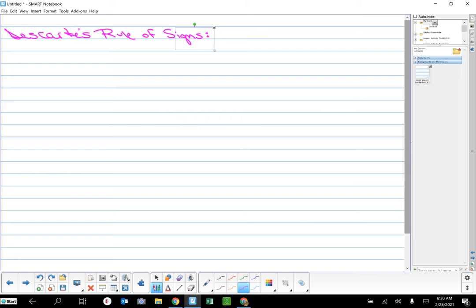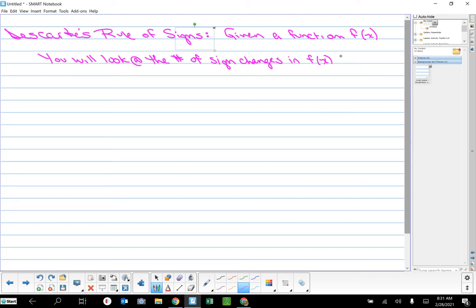So what we're going to do is you're going to be given a function, f of x. So given a function, you are going to look at the number of sign changes in f of x.